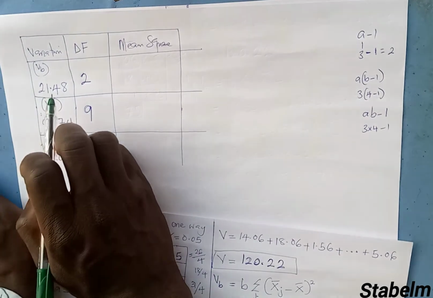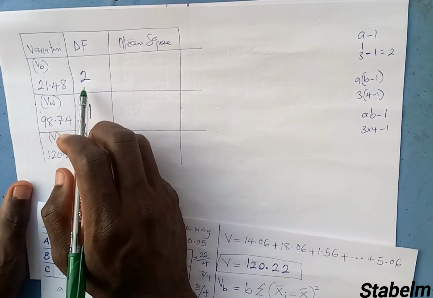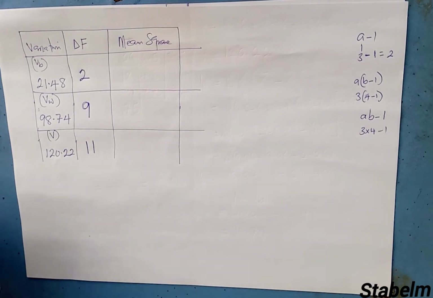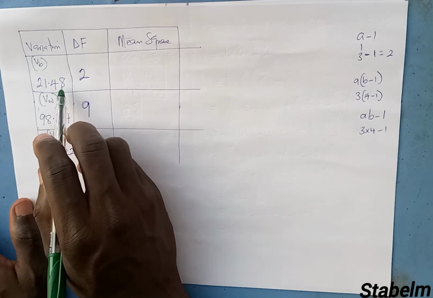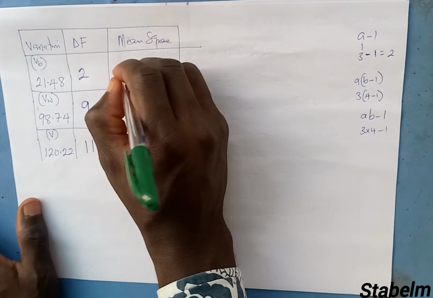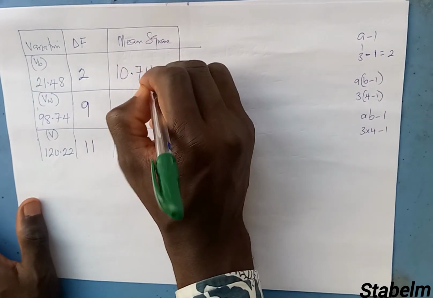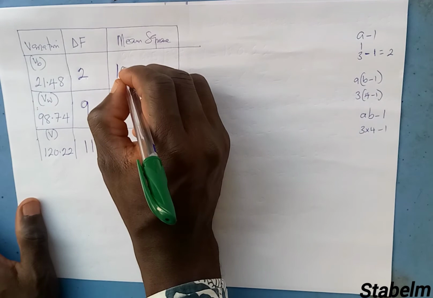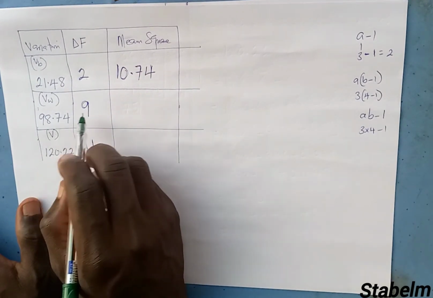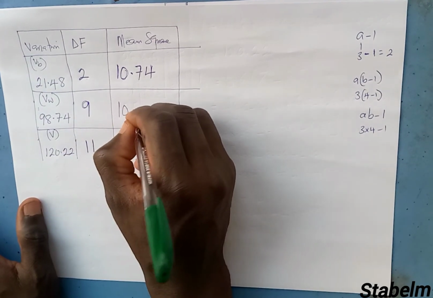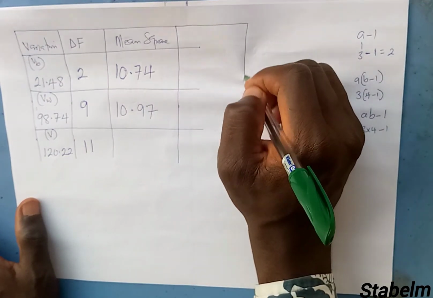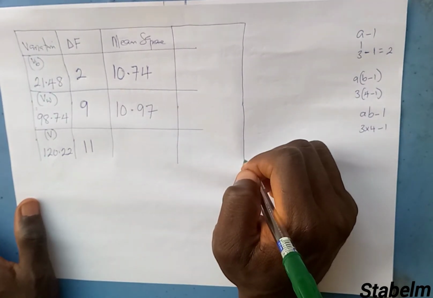That is VB: 21.48 divided by 2 will give us 10.74. And here 98.74 divided by 9 will give us 10.97. There is no need for us to find the total mean square.